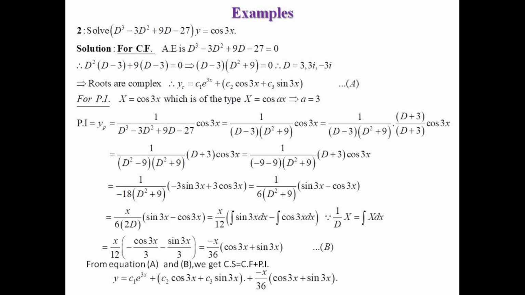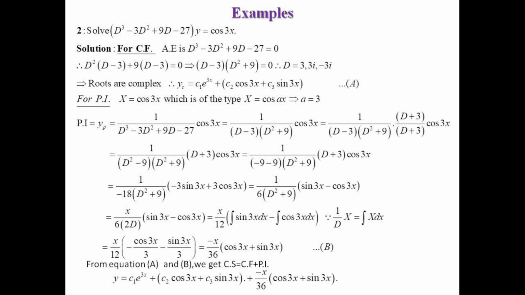If we simplify in the next step, we get 1 upon minus 18 into (D square plus 9). Then first multiply (D plus 3) into cos of 3x: the derivative of cos of 3x is minus 3 sin of 3x, plus 3 times cos of 3x as it is.